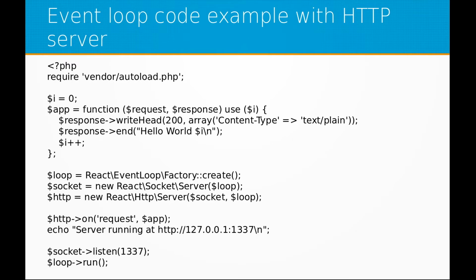So when a request on port 1337 happens, this function will be triggered and will answer. It will use the response. It will send back hello world on a sample page.